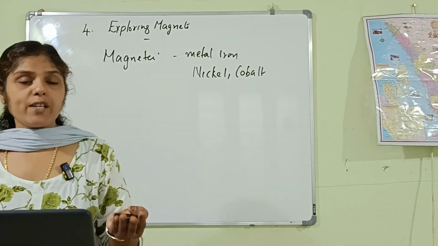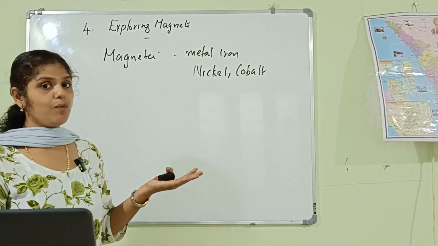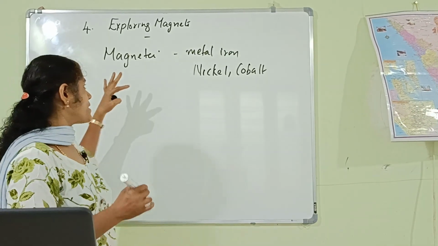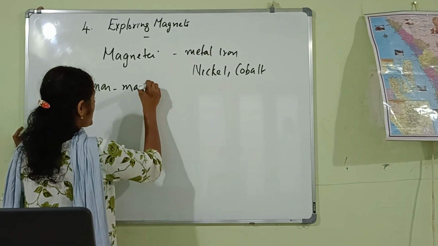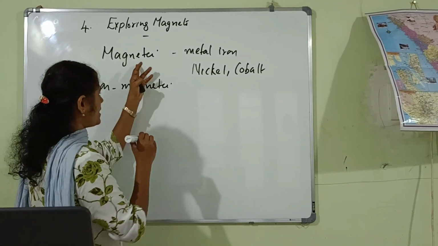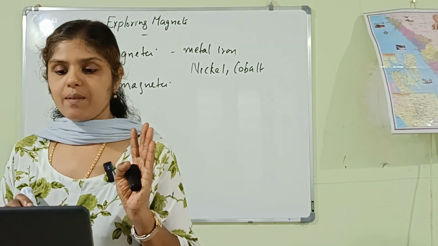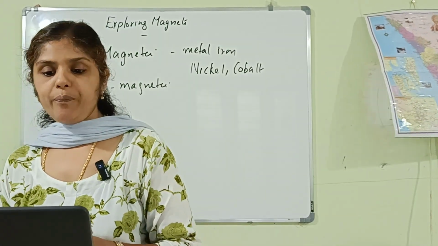Those which are not attracted towards magnets are called non-magnetic materials. They can be of plastic, wood, etc. So materials can be of two types, magnetic materials and non-magnetic materials, where those attracted to magnets are called magnetic materials and those not attracted to magnets are called non-magnetic materials. Is it clear for you? Yes. Now, moving to the next one.